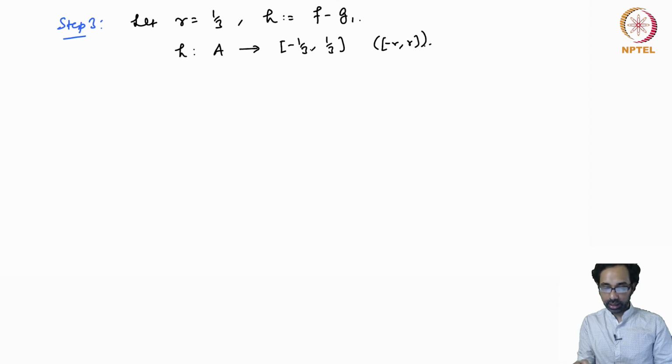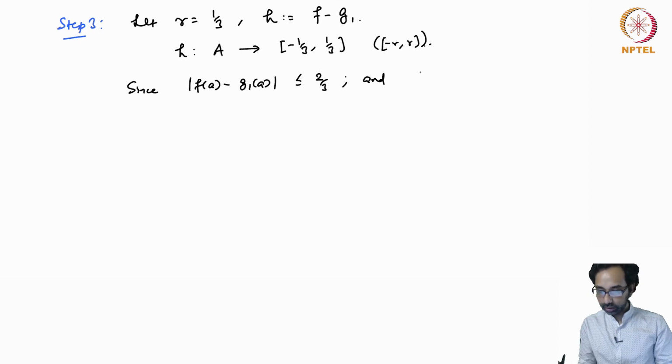So why is f minus g1 landing here? Well, this is simply because the modulus of f(a) minus g1(a) is less than or equal to 2 by 3, and g1(a) belongs to [-1/3, 1/3].